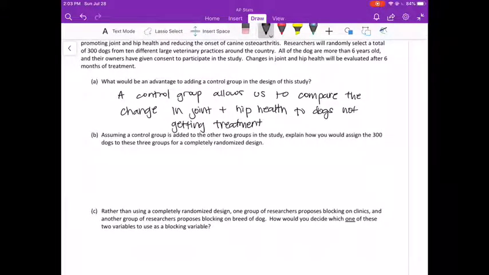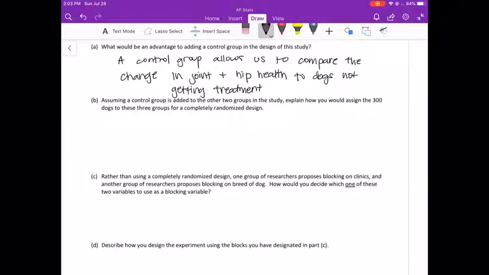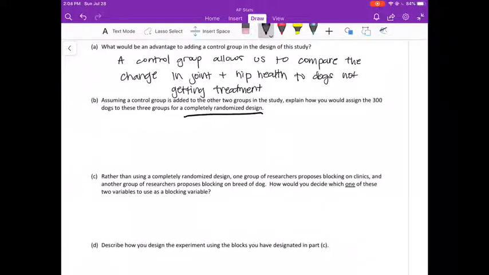So it allows us to see if the treatments are actually making an effect or if it's just the dog itself improving on its own. Assuming a control group is added to the other two groups in the study, explain how you would assign the 300 dogs to these three groups for a completely randomized design. So this is without blocking. We're not talking about blocking just yet. Okay?